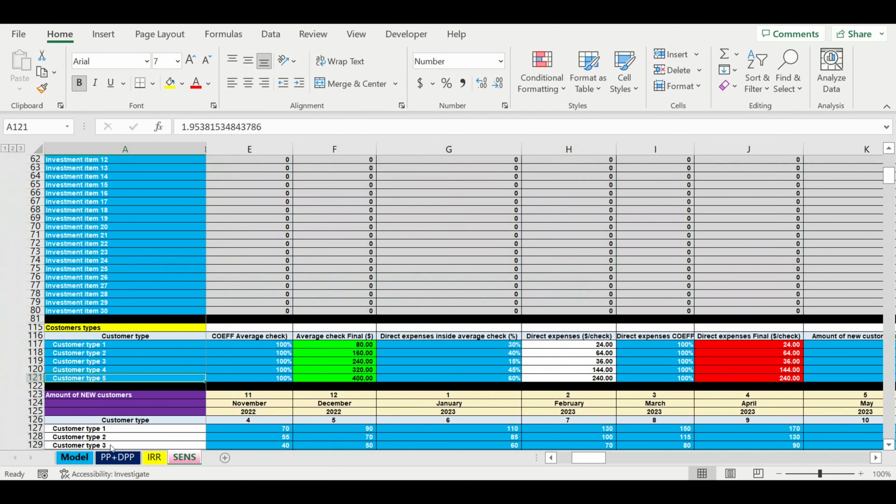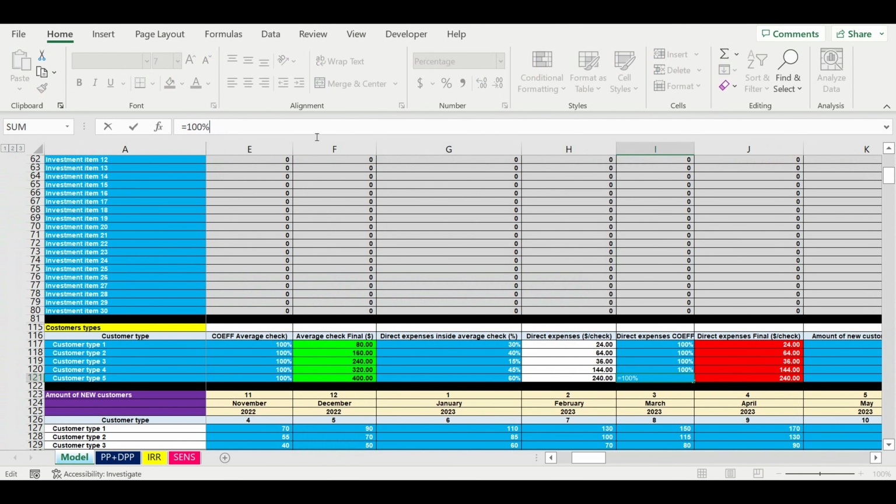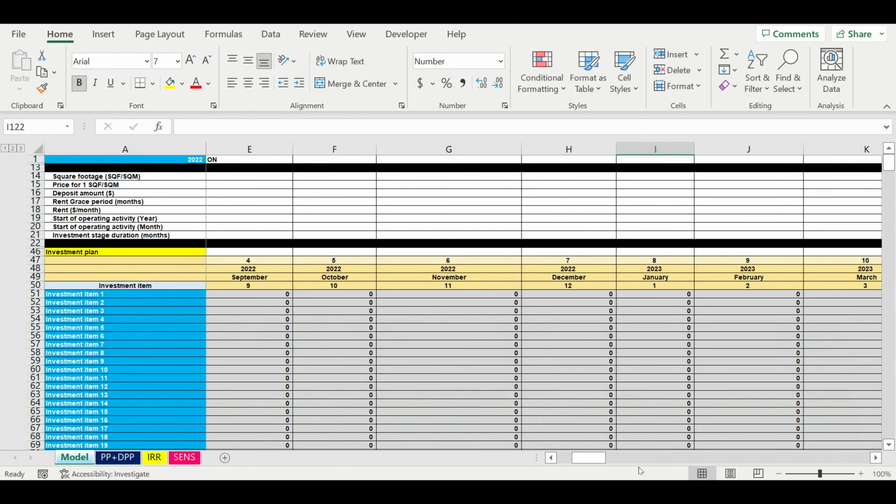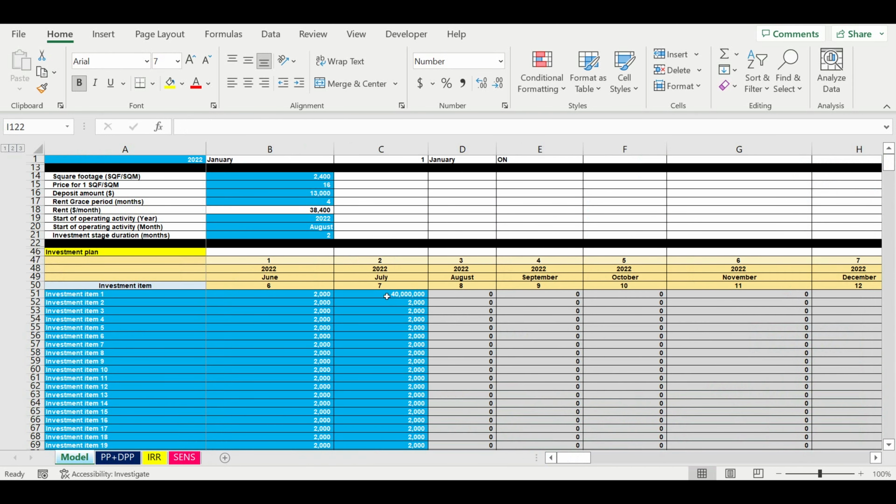Now, for example, we will remove this coefficient from this value, and we can see what will happen to our business idea if we increase, for example, the amount of investment for equipment.